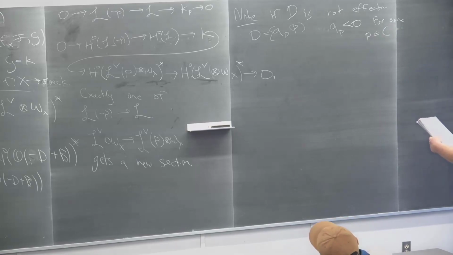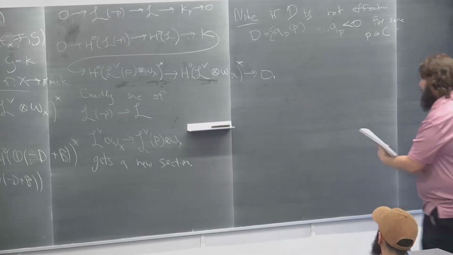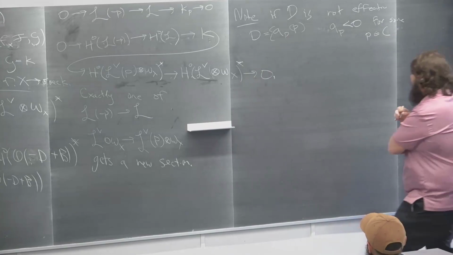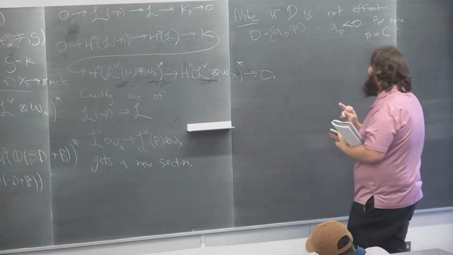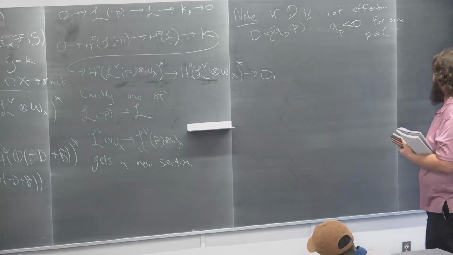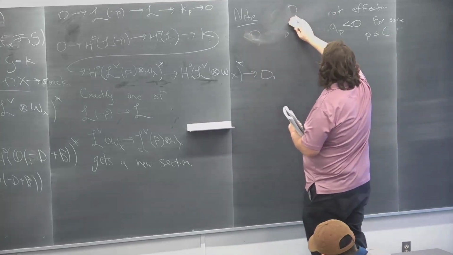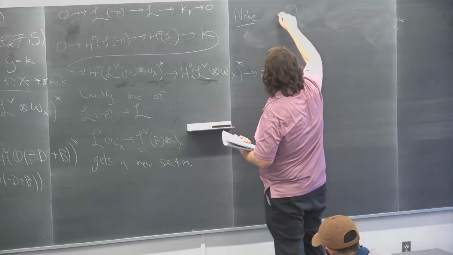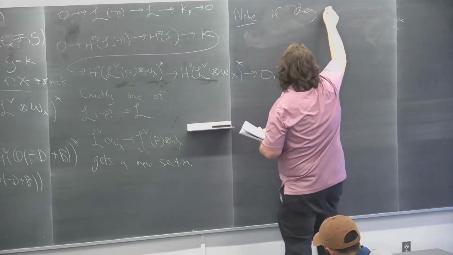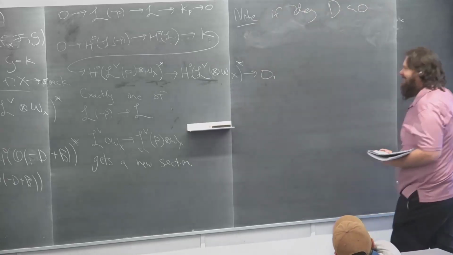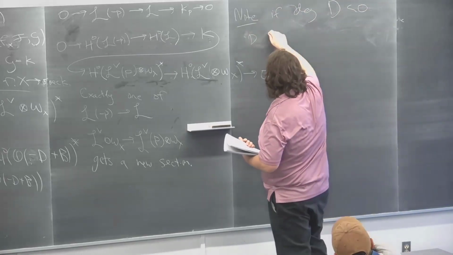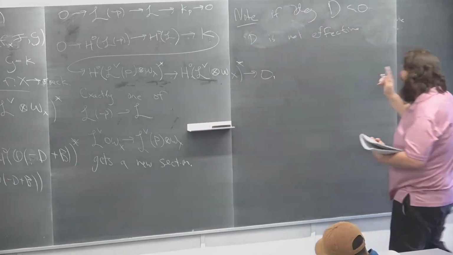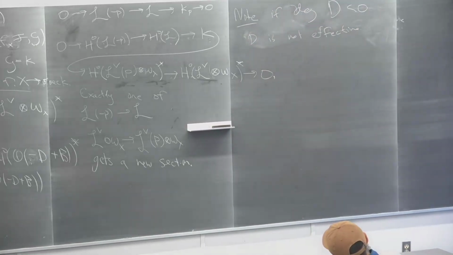Wait, no, sorry. I mean, that means that this can't be the divisor of a section. I have to be careful because that doesn't mean that every section of this guy is not effective. That's true, but there's a better thing to note. Note, if the degree of D is negative, then D is not effective.